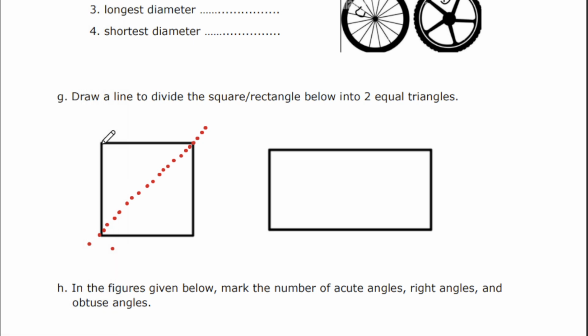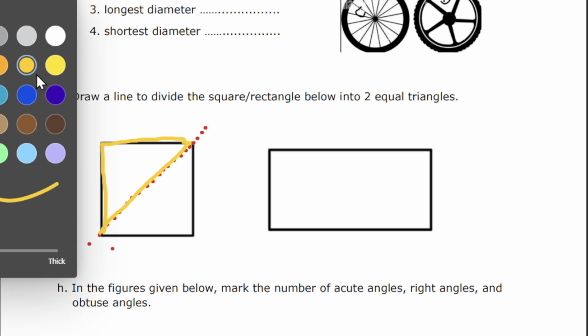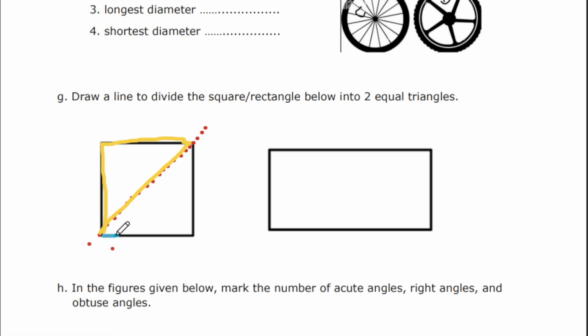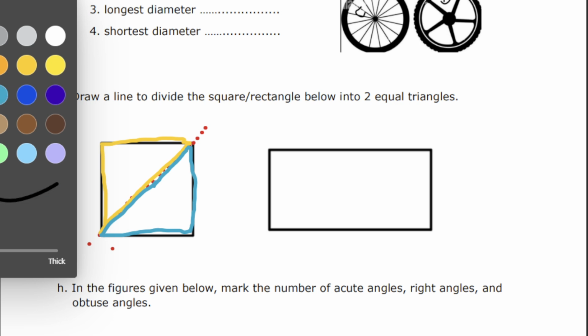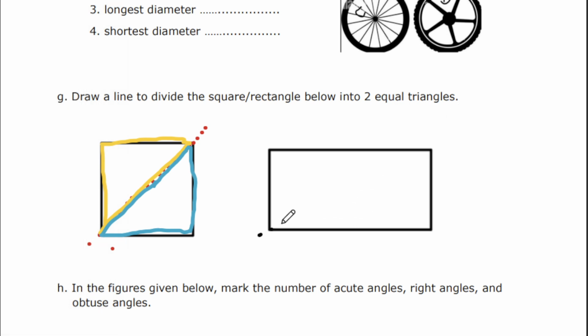Okay, and this one will become the first triangle, and this one is the second triangle. Okay, and next, when you are doing here, you can draw a line here.